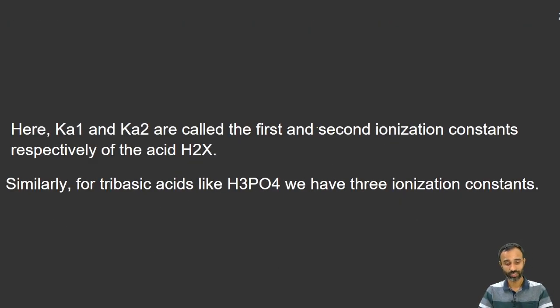So in this way, there is Ka1 and Ka2. They are called the first and second ionization constants respectively of the acid H2X that we have already discussed. Similarly, if we have a tribasic acid like H3PO4, now we have three ionization constants.